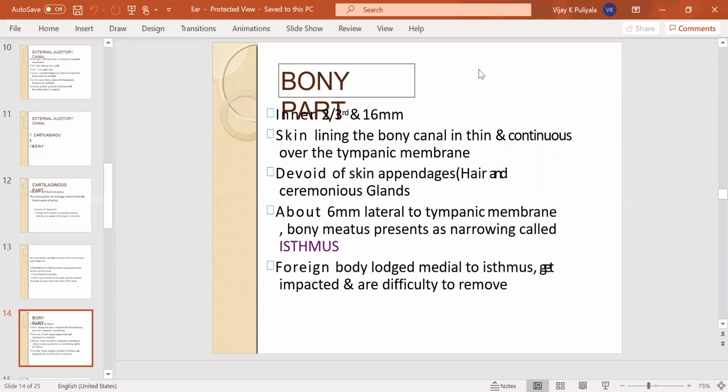Here it is devoid of skin appendages. There are no hair and ceruminous glands. About 6 mm lateral to the tympanic membrane, the bony meatus presents a narrowing called the isthmus. So in the course of this canal, we will have two constrictions.